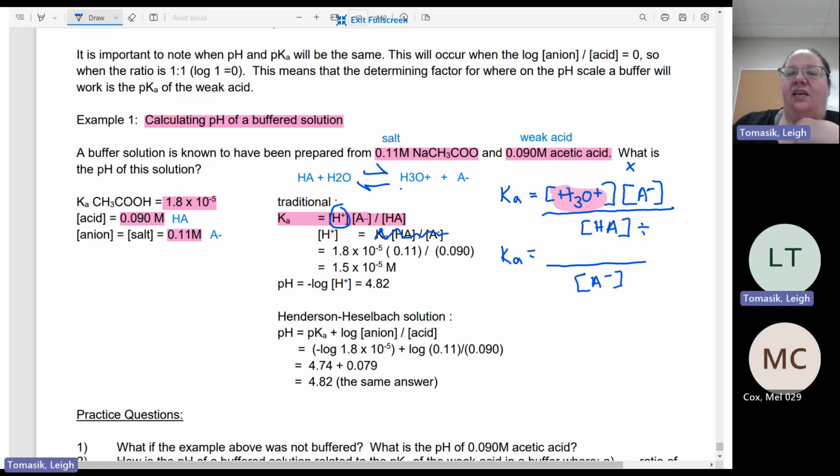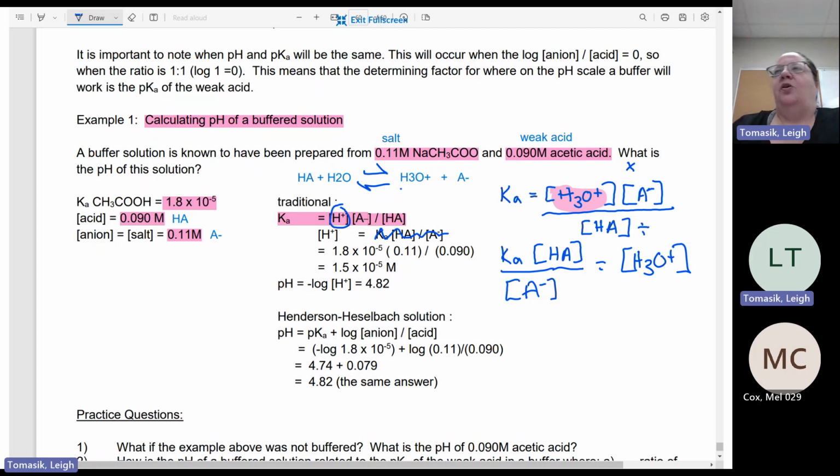Oh, sorry, I messed up. Hold on. Divided. Okay. And then this HA that was divided will be multiplied on the other side. And then we have H3O plus isolated. It's on its own. So my rearrangement in the notes was bad and it needs to be fixed.